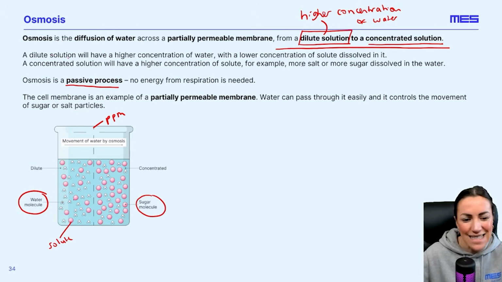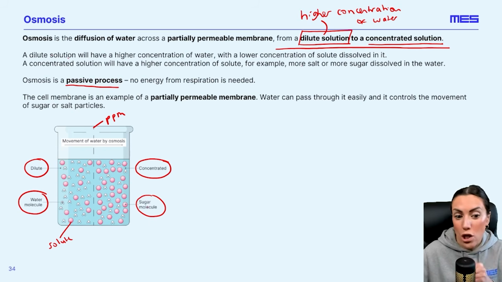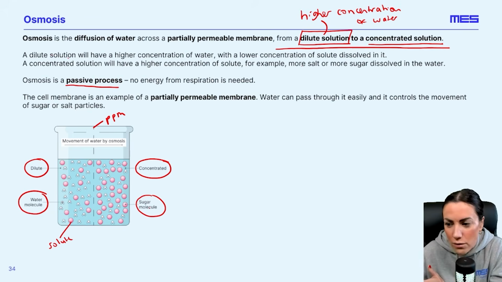So on the left-hand side, there's less solute, there's less sugar, and there's a higher concentration of water. So this side is our dilute solution. If you look at the right-hand side, it is concentrated because it's got more solute or more sugar molecules dissolved in the water. It's got a higher concentration of solute, lower concentration of water.